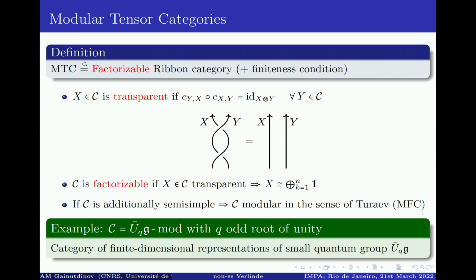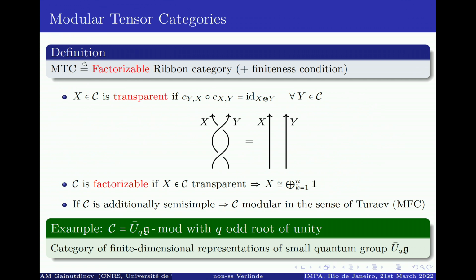To introduce factorizable, I need to say what is transparent. I call an object transparent if its double braiding with every other object equals the identity operator. So it's transparent in terms of braiding to every other object. And we call the category factorizable if the braiding is non-degenerate, in the sense that if X is transparent, then it is necessarily a direct sum of tensor units.